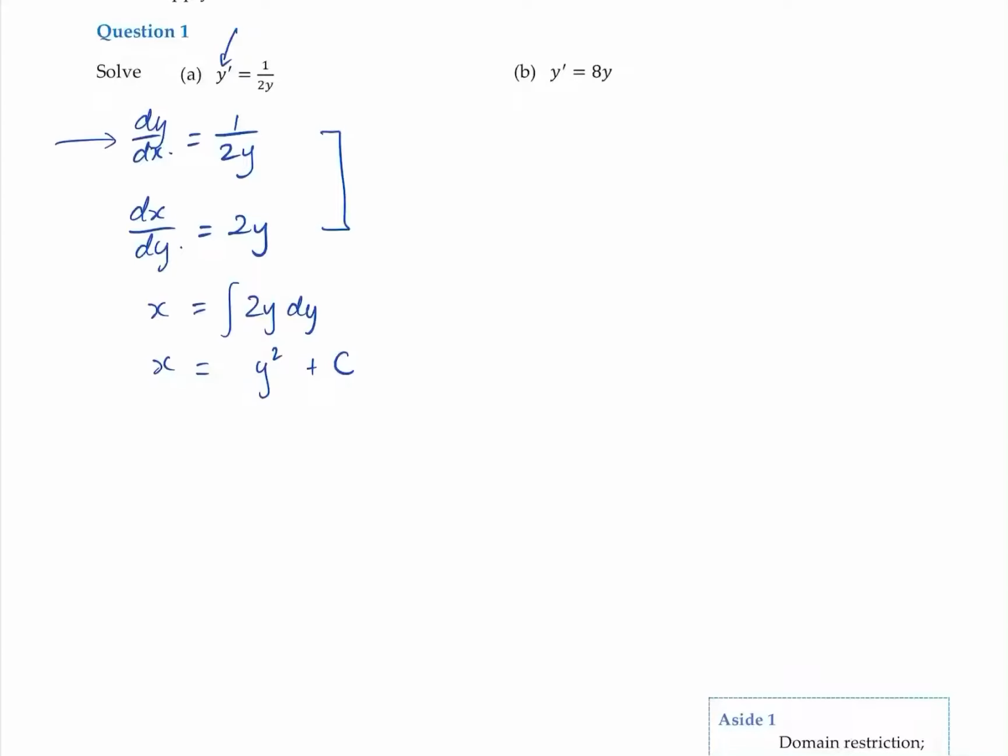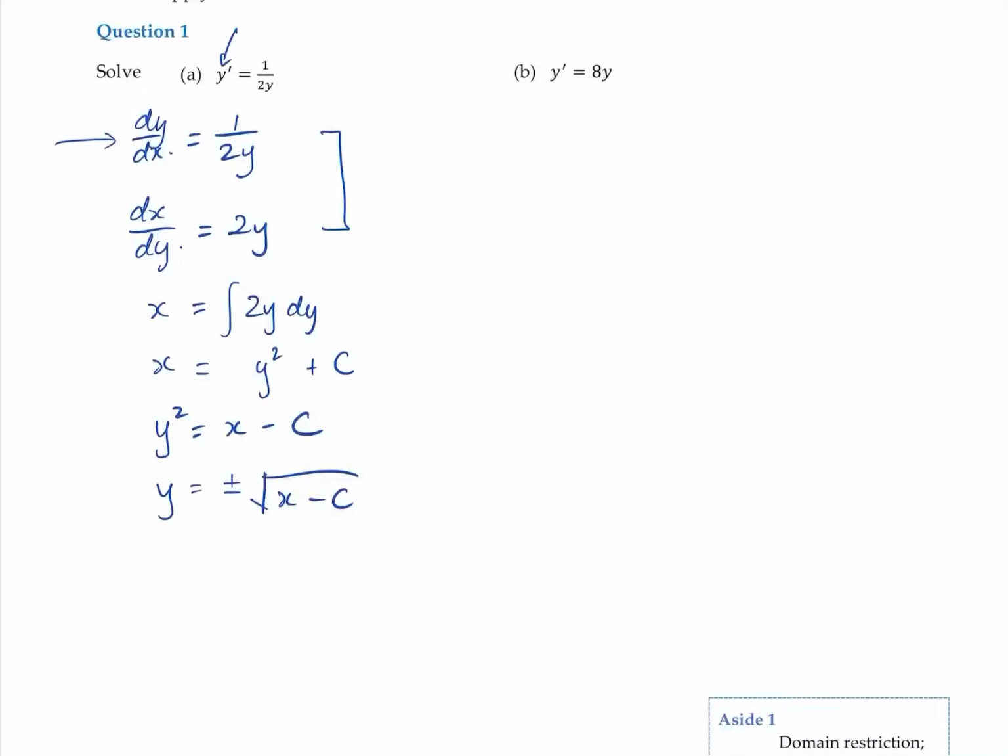We need to write this in terms of y, so we'll get y squared equals x minus c. Now we don't have any initial value that we can use to find c, so we just have to keep it with us. And now y equals plus or minus the square root of x minus c.